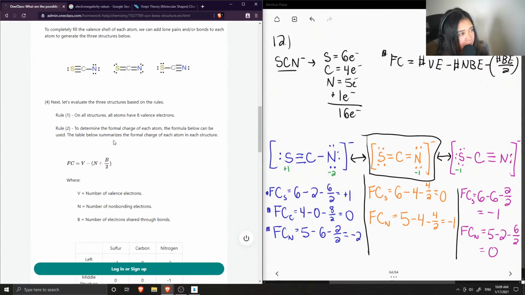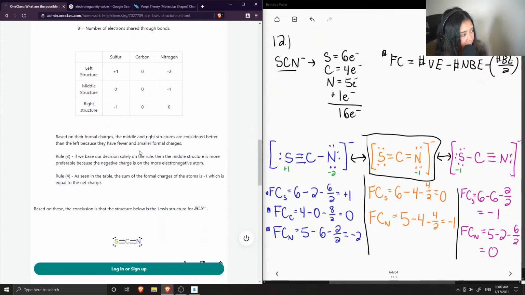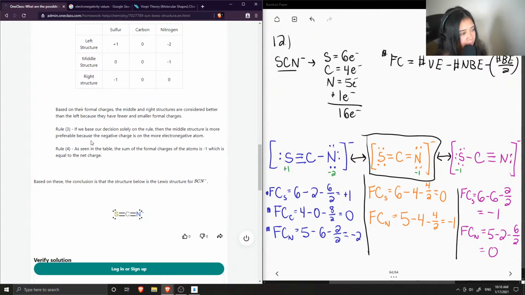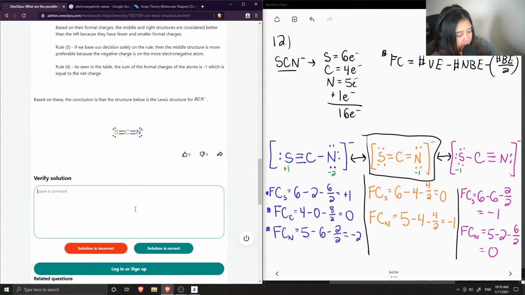Okay, so it's in the same order as mine, so that's good. Based on their formal charges, the middle and right structures are considered better than the left because they have fewer and smaller formal charges. Basing our decision solely on the rule, the middle structure is more preferable because the negative charge is on the more electronegative atom. Yep. So this solution is correct.